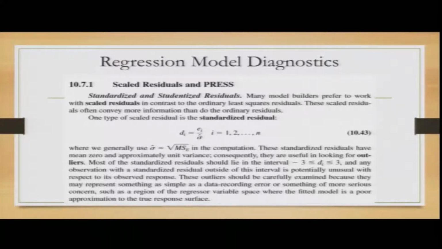These outliers should be carefully examined, because they may represent something as simple as a data recording error or something of more serious concern, such as a region of the regressor variable space where the fitted model is poor in its prediction. Like, if you remember, in the last part of the 39th lecture, I did mention the in sample and the out sample.